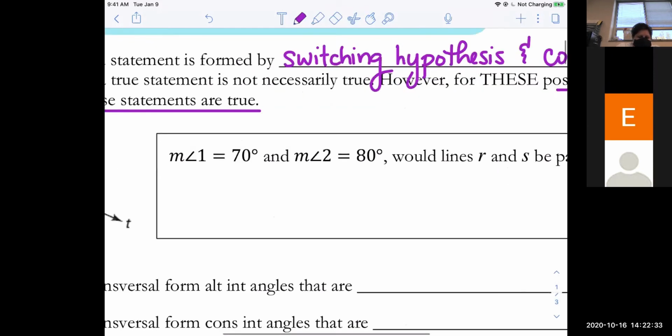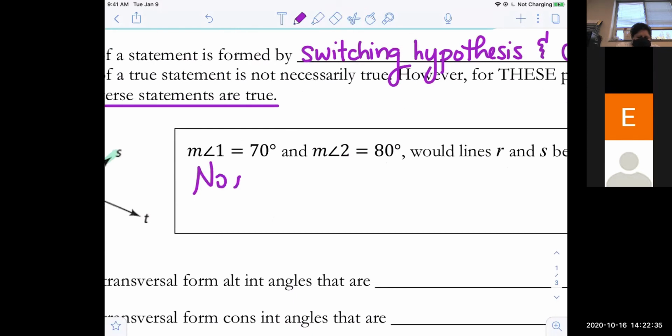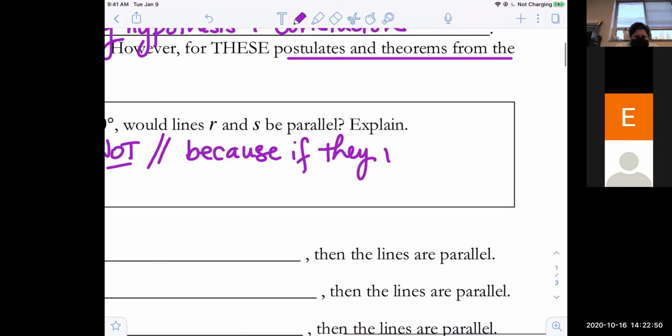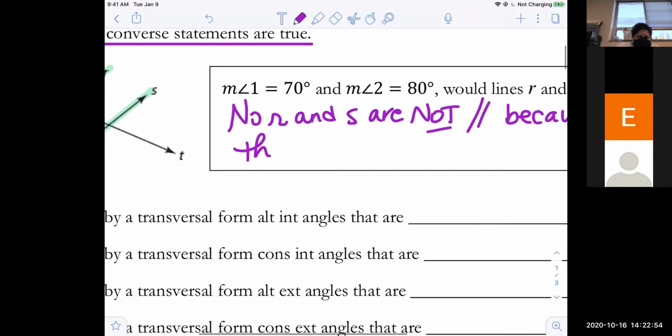So no, R is not parallel to S. R and S are not parallel, because if they were, then the corresponding angles should be congruent.